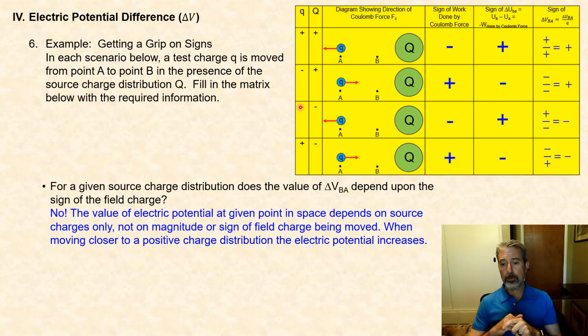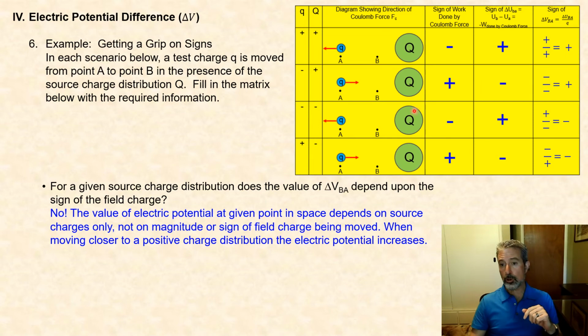The value of the electric potential difference in this case, okay, or to be more general, let's say the value of the electric potential at a given point in space depends on the source charges only, not on the magnitude or the sign of the field charge being moved. Okay, and you can see here that when moving closer to a positive charge distribution, the electric potential increases. That gave us a positive difference in electric potential, a positive electric potential difference.